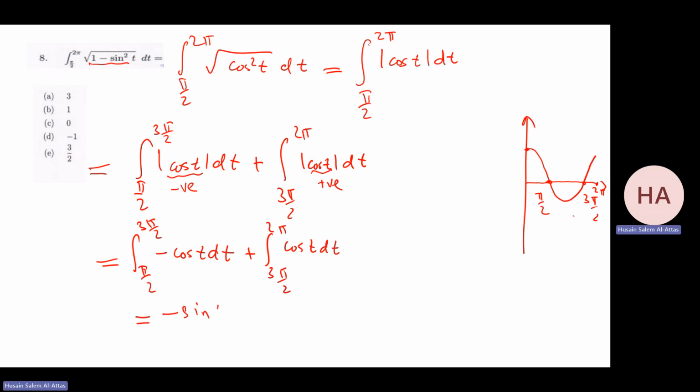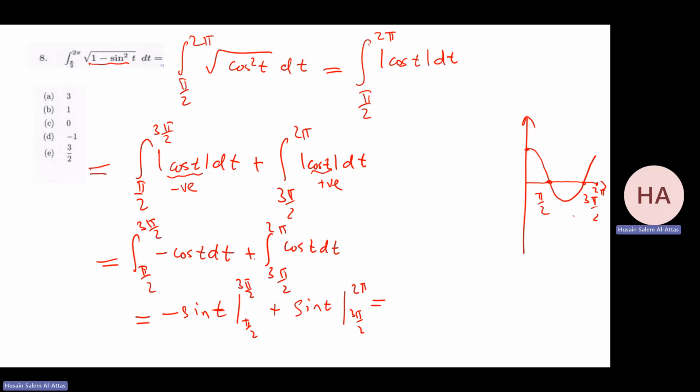That will be minus sine t from pi over 2 to 3 pi over 2. And that plus sine t from 3 pi over 2 to 2 pi.